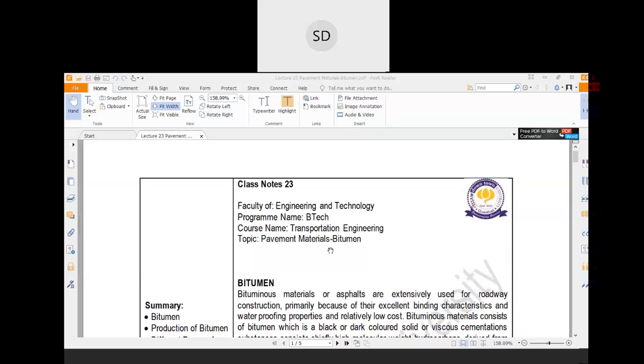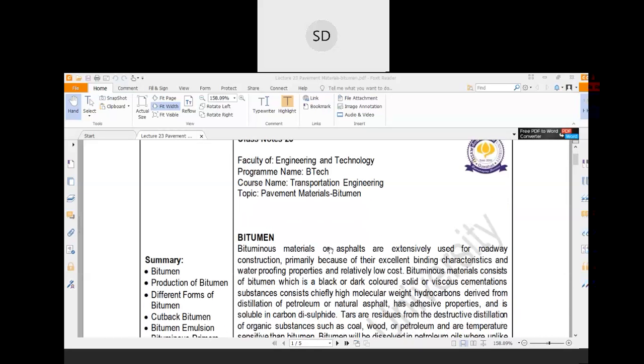Now, bituminous material, or sometimes called asphalt, is extensively used for roadway construction because of its excellent binding characteristics and waterproofing properties. Apart from road construction, bitumen is also used as a waterproofing material for the top slab and related constructions.